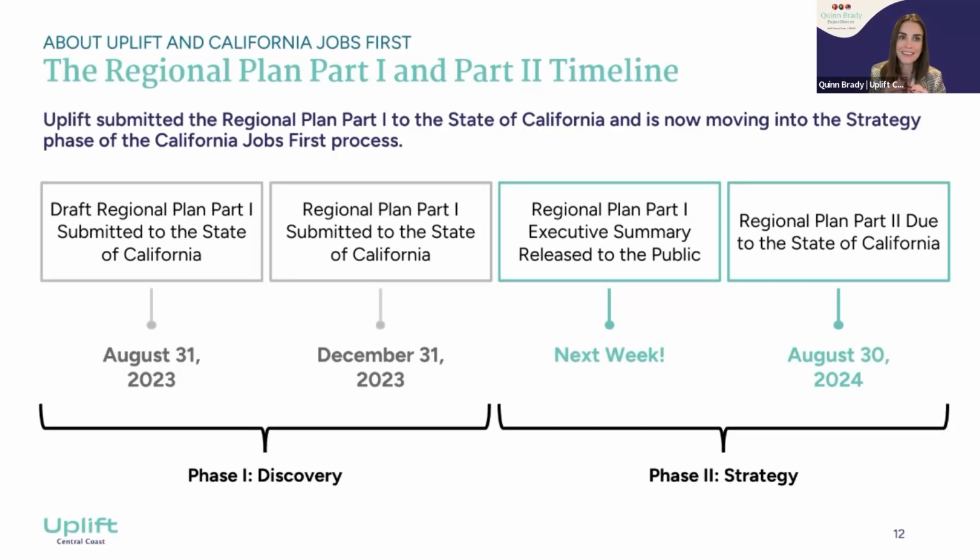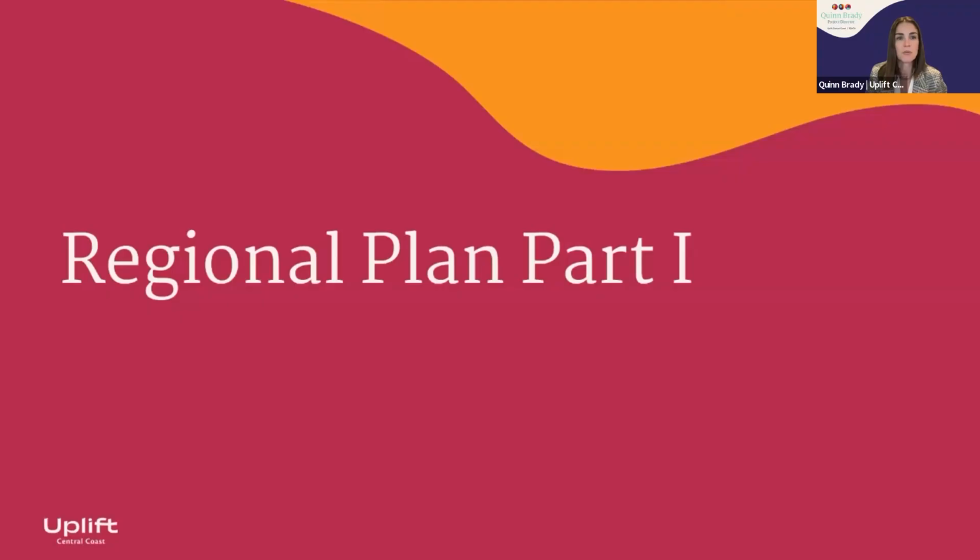So you'll get that in a newsletter in your email inbox if you receive that. If you don't receive our newsletters yet, I encourage you to sign up, but we'll be sending all of that out next week. And also really beginning work right now on the second phase of this regional plan, or the roadmap for the Central Coast, which brings together the strategies to start to meet some of these barriers and the challenges that we face. With that, I want to get into Regional Plan Part 1.